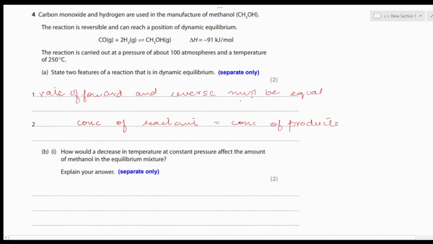Next part. How would a decrease in temperature affect the amount of methanol in the equilibrium? Keep in mind that this is an exothermic process and you have decreased the temperature.